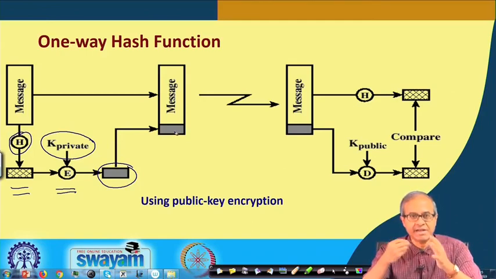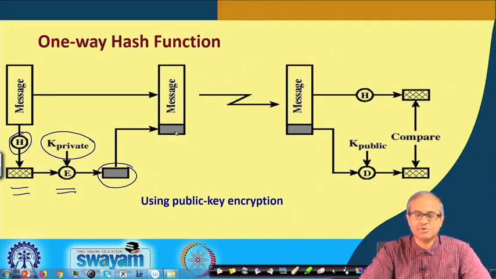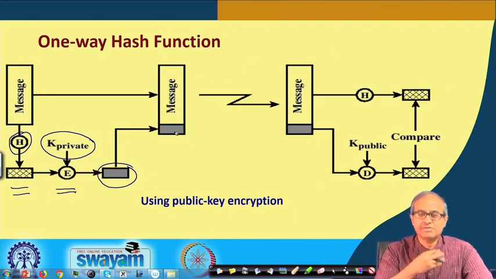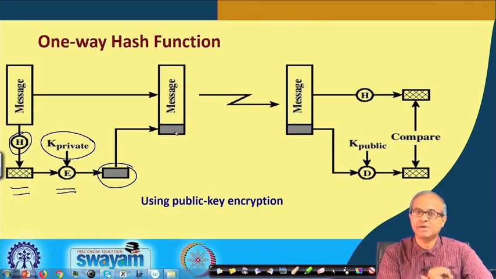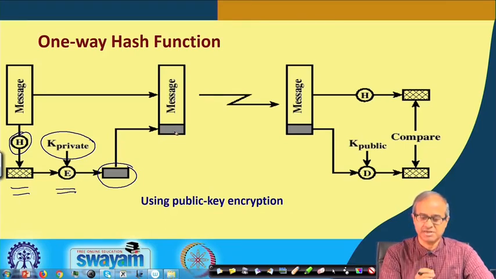Sometimes when someone encrypts with the private key, we say it is a signature process, because only I have my private key. Encrypting with the private key can be done only by myself, as if it is carrying my signature.